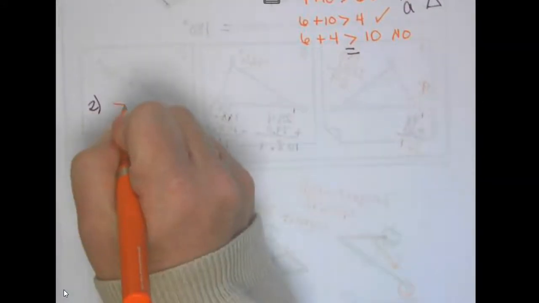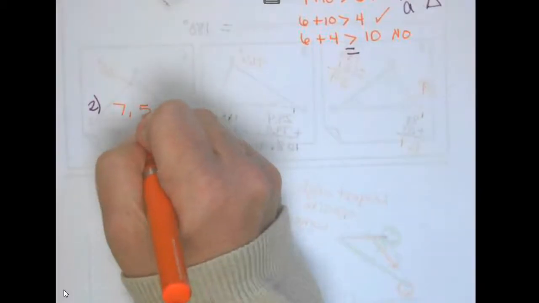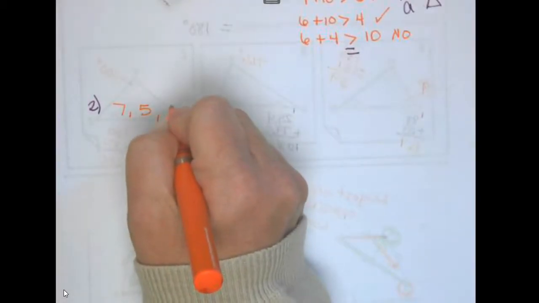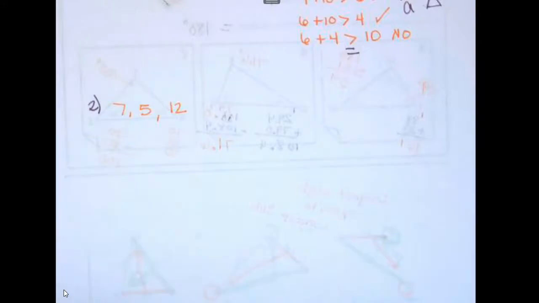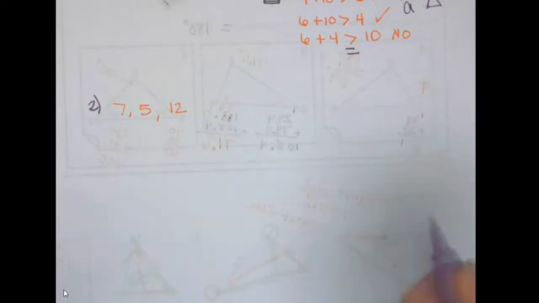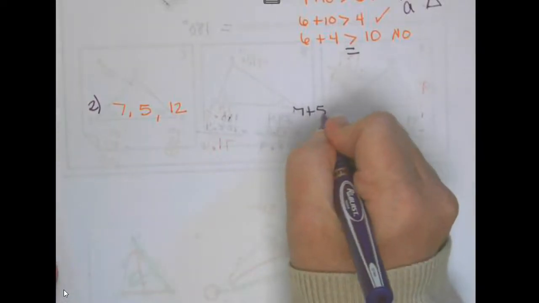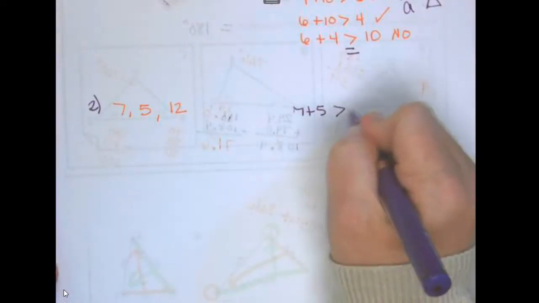Number 2. 7, 5, 12. Seven plus 5, is it greater than 12?